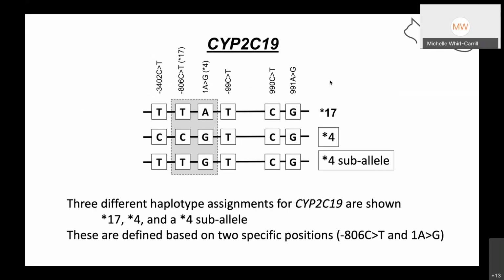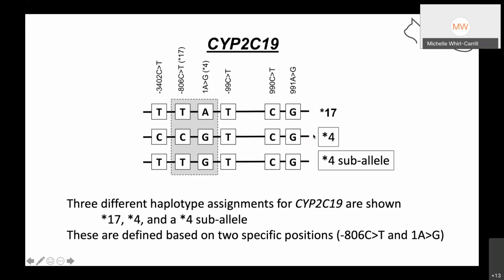So I'm going to give you a brief example. These are DNA sequences. These are positions along the sequence, and these are different alleles. This combination of bases at these positions results in a CYP2C19 star 17 allele.